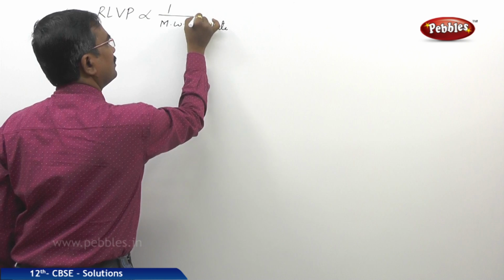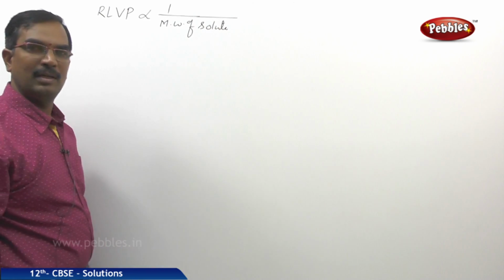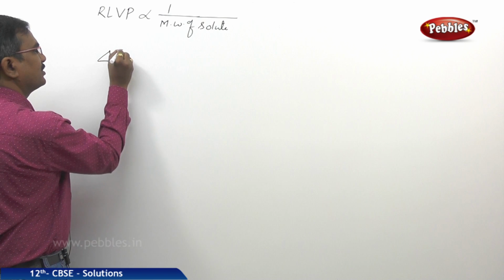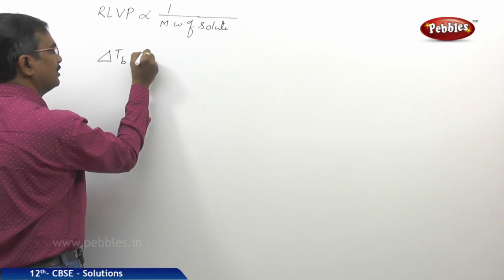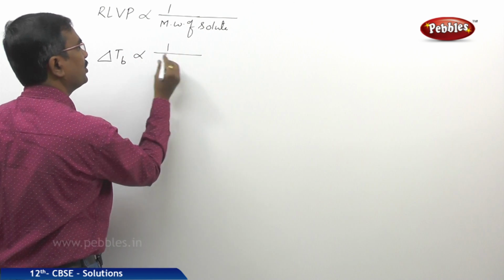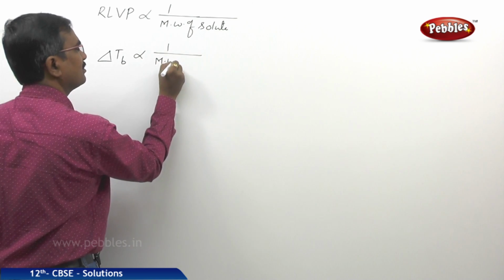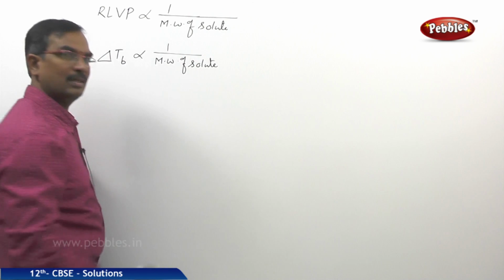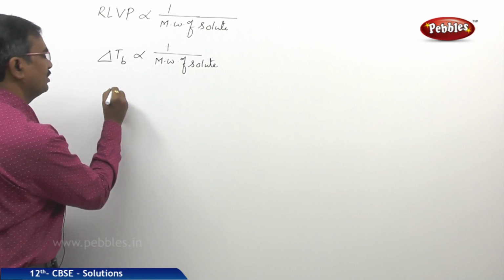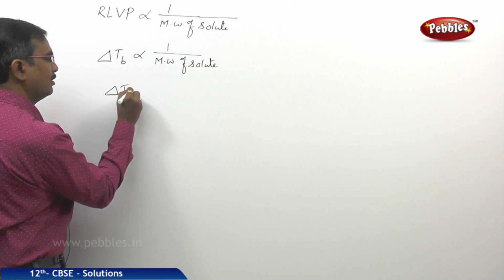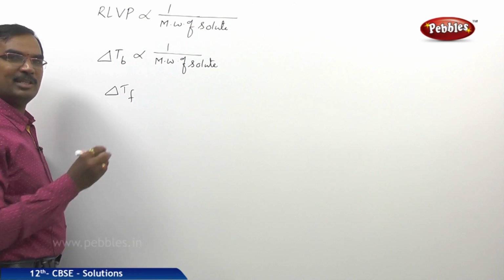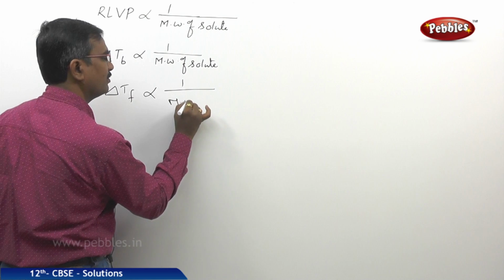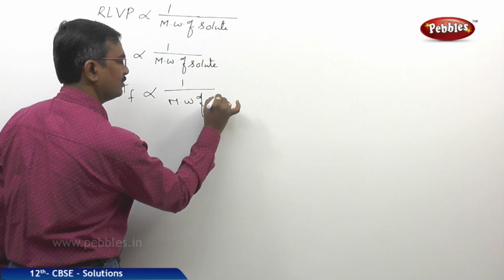of the solute. Similarly, elevation of boiling point delta TB is also inversely proportional to molar mass of solute. And also depression in freezing point is inversely proportional to molar mass of solute.